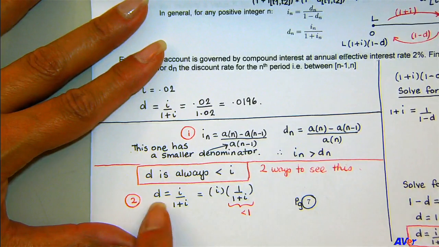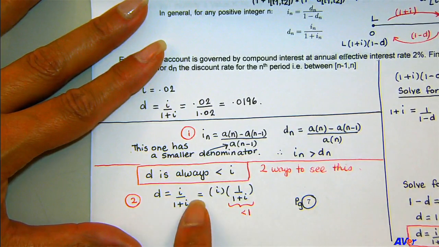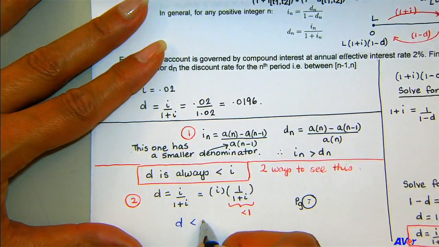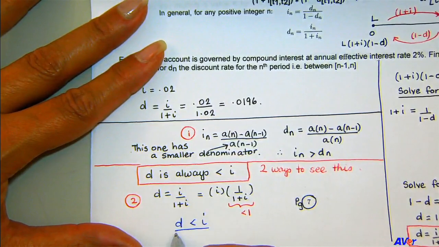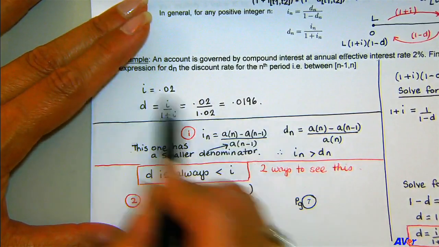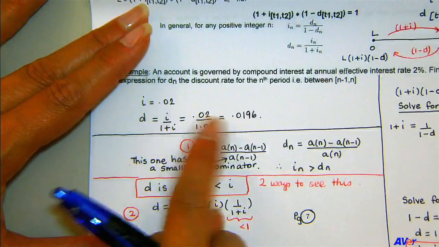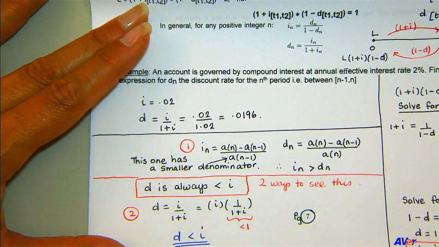So basically you're saying D is equal to I times a number which is less than 1, meaning D is always less than I. So did we see our D less than I? Certainly, in our example right here. Do you see what I mean?